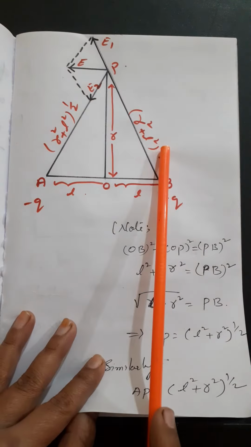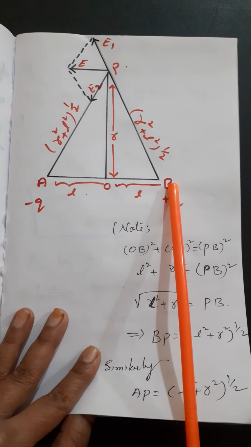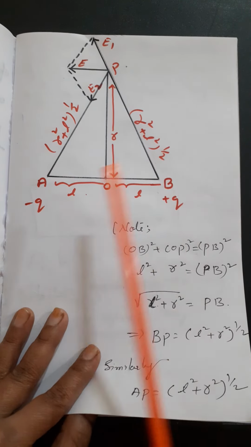This one is one triangle and this one is another triangle. These two are similar triangles. By the property of similar triangles, PE by AB is equal to E1P by PB.